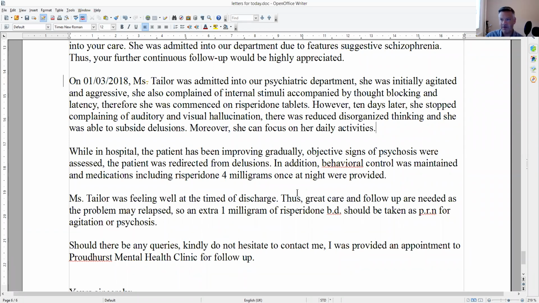It's essentially the same. You could take this out and put that information here. While in hospital, the patient has been improving, she can focus on daily activities, she's no longer suffering delusions, etc. So it seems kind of repetitive, if you ask me.